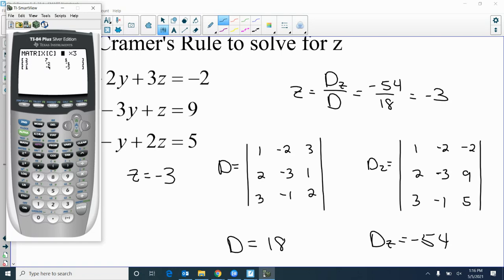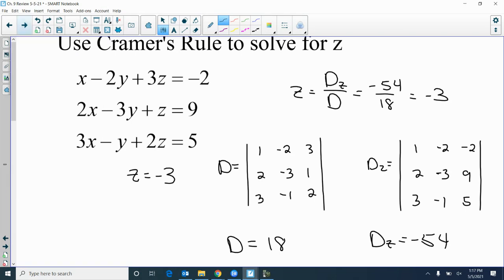So remember, you can just type this in. 1, negative 2, 3. 2, negative 3, 1. 3, negative 1, 2. And matrix math determinant, and that was matrix C. And that gives us 18. So you can use that for anything on the calculator part.